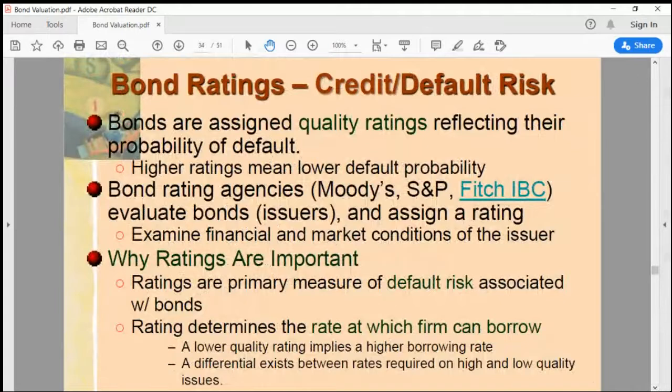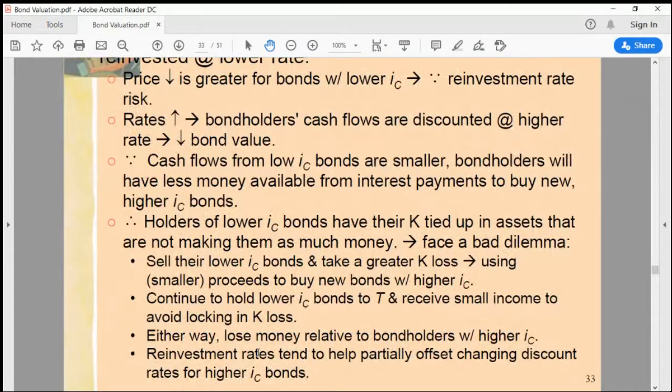So this is a dilemma, right? We're facing that dilemma. So either way, lose money, right? Relative to bondholders with higher coupon rate, right?